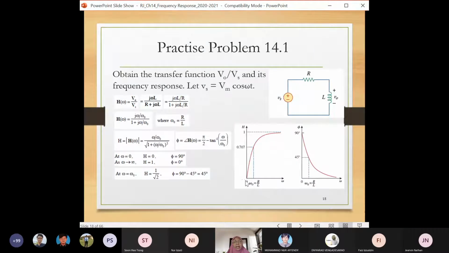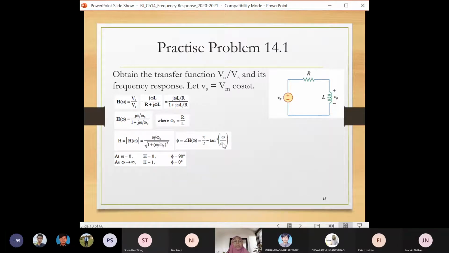So the magnitude response increases to 1, whereas the phase angle decreases from positive 90 to 0. At omega naught, the resonant frequency R over L, the phase angle is 45, but the magnitude is about 70.7% of the maximum value.